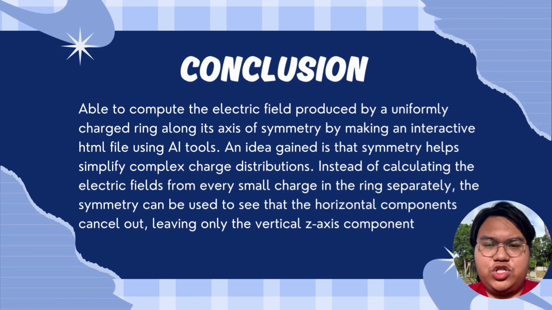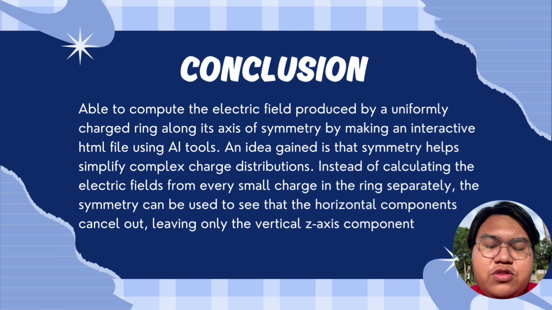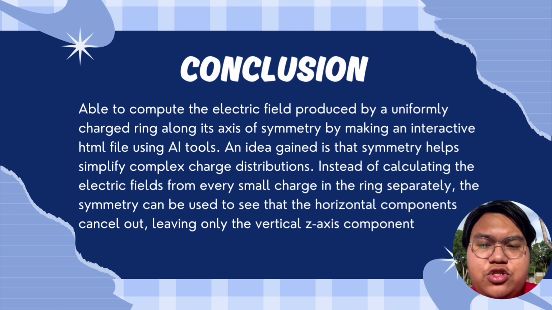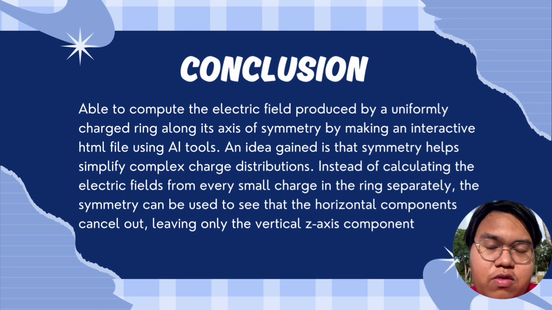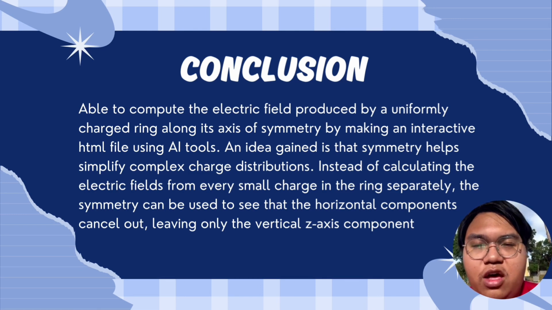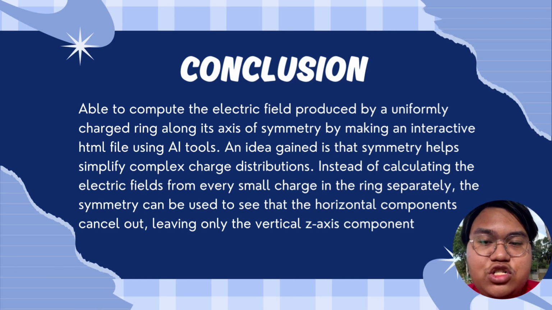For the conclusion, we are able to compute the electric field produced by a uniformly charged ring along its axis of symmetry by making an interactive HTML file using AI tools such as OpenAI, Gemini, or maybe even DeepSeek. The key idea is that symmetry helps simplify complex charge distributions.